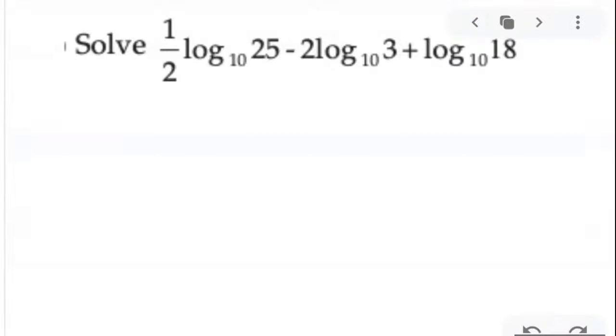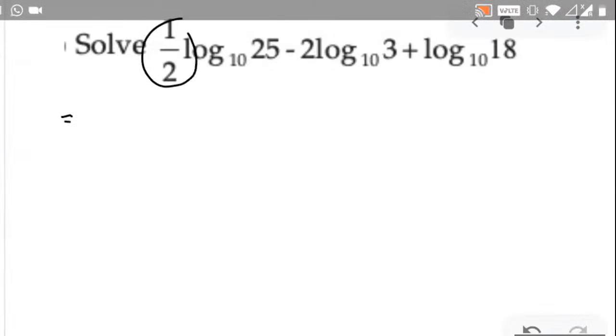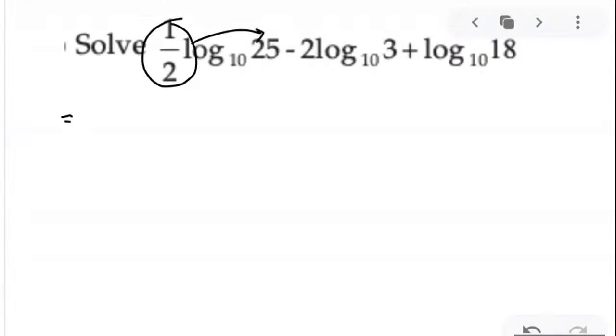So we'll do this. First things first, this will become my power of 25. This is in the form of n log m to the base a, that is equal to log of m power n to the base a. From now onwards, to make your formula easier, I am not going to say to the base a again and again. It is implied.